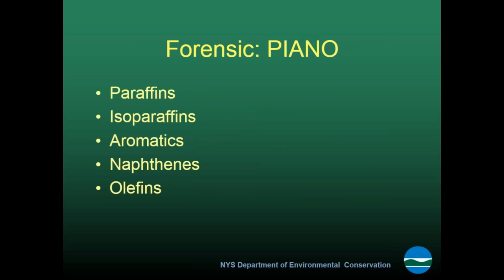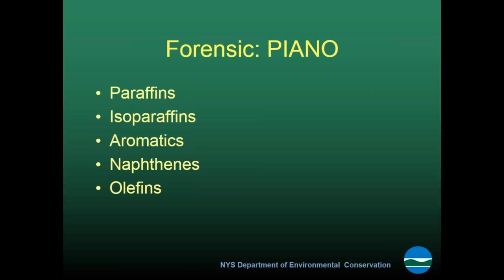About 15 years ago, I was working on a manufactured gas plant site, and we needed to figure out what contamination was associated with petroleum, what contamination was associated with the manufactured gas plant tar, and we were going to do some forensic work and asked one of the experts, what are we going to test for? And they said, oh, we're going to do a PIANO analysis. And I said, what's a PIANO analysis?